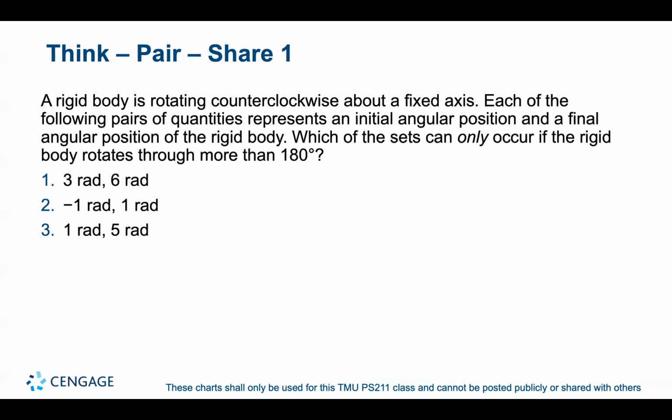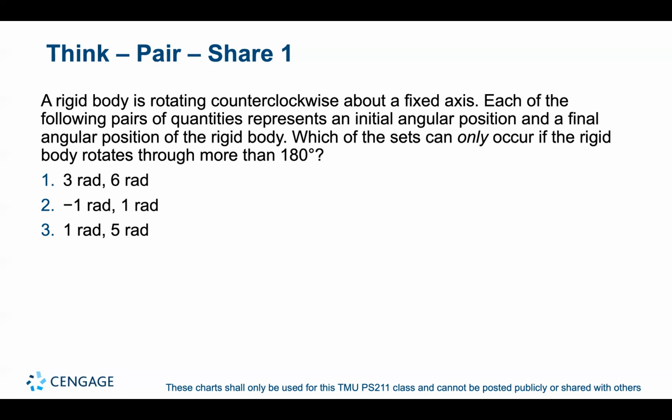So let's do a quick question here. A rigid body is rotating counterclockwise about a fixed axis. Each of the following pairs of quantities represents an initial angular position and a final angular position of the rigid body. Which of the sets can only occur if the rigid body rotates through more than 180 degrees? And the answer is 1 radian, 5 radians.